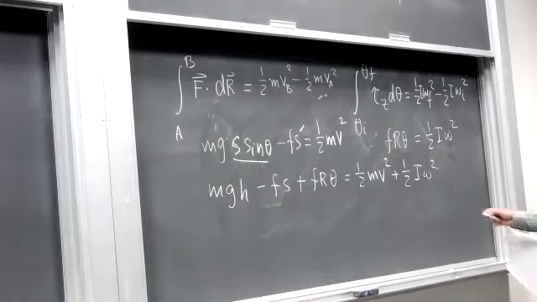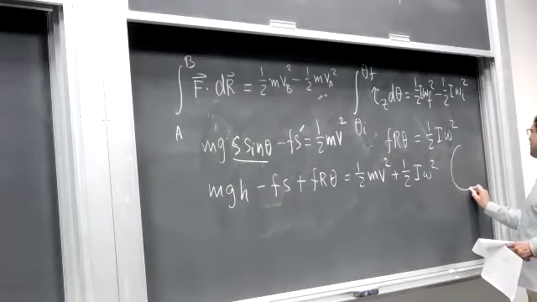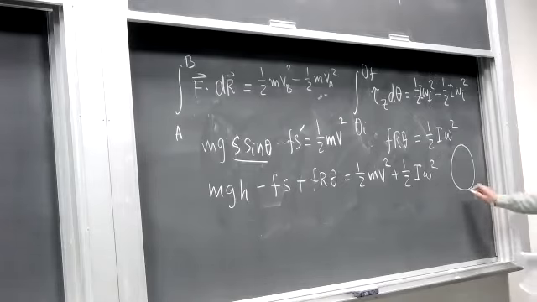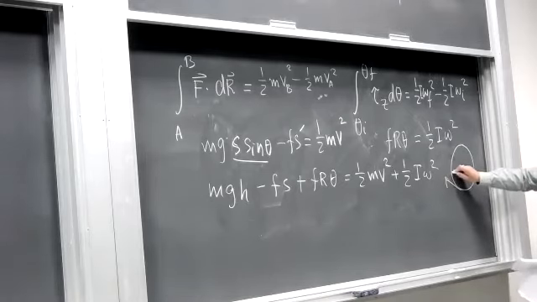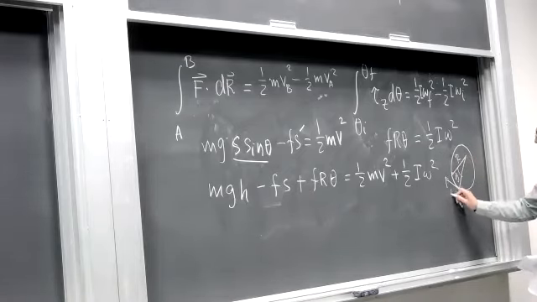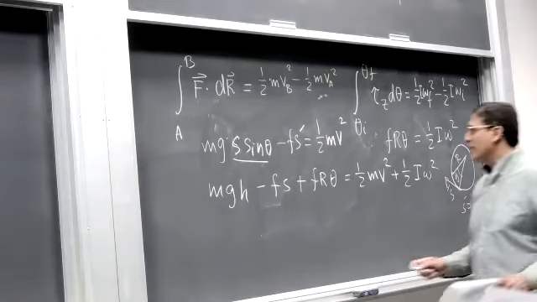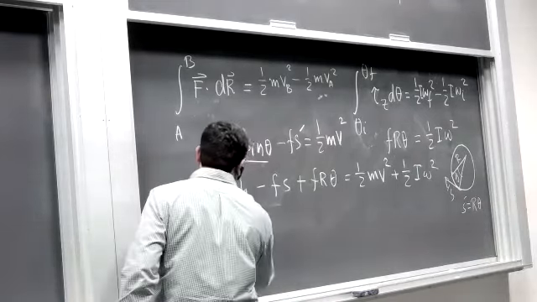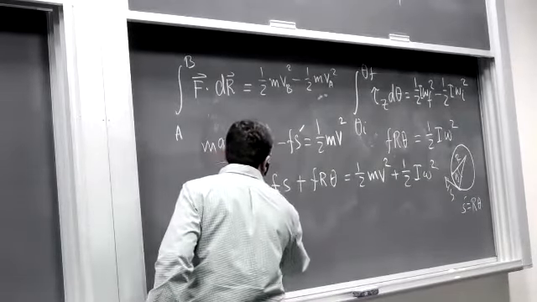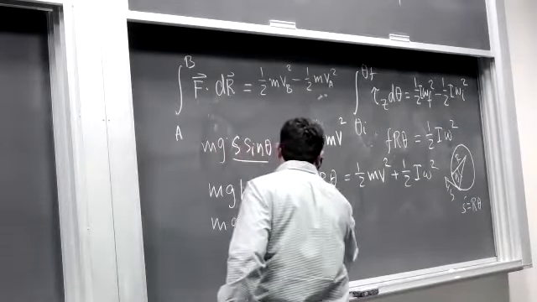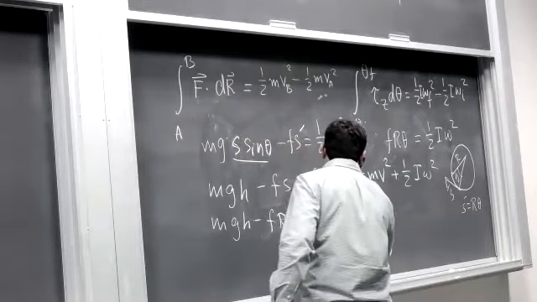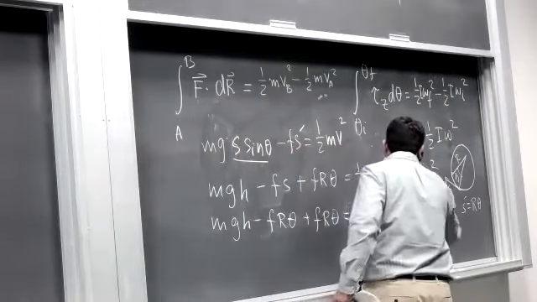Okay, and now we use that analogy that we were using. So if friction moves a point by distance s prime, which makes an angle theta at the center, and this is r, then what is s prime? S prime is r theta. Okay, so then we can write this equation mgh minus f r theta plus f r theta equals all this.